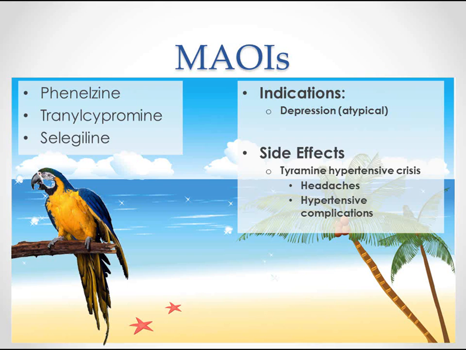So the side effects, we mentioned already serotonin syndrome, if you're taking MAOIs with a serotonin reuptake inhibitor. But the big one that you'll see on tests specifically is the hypertensive crisis.